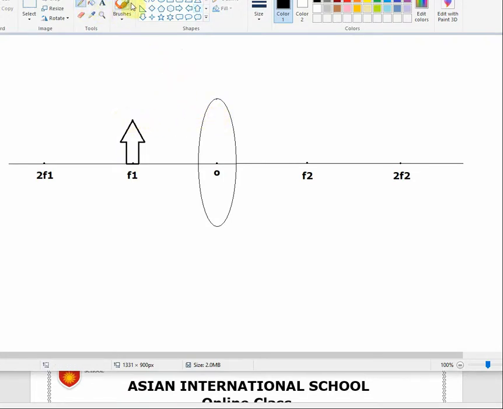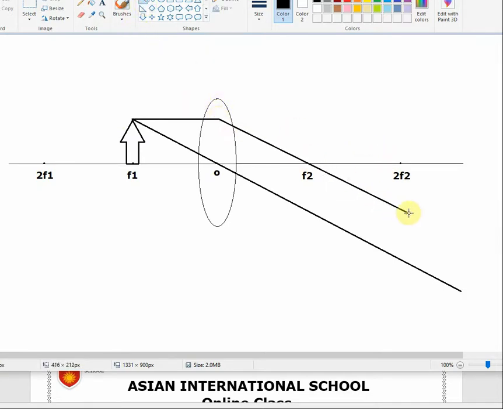First, a line parallel to the principal axis, second, one passing through the optical center. So we know what will happen to this line, it will be passing through F. Okay, done. It's a very clear drawing.